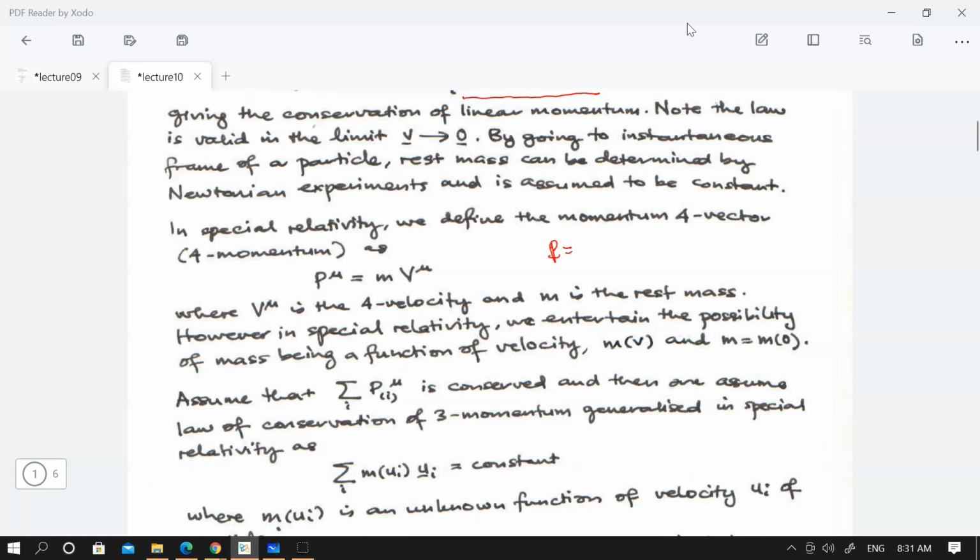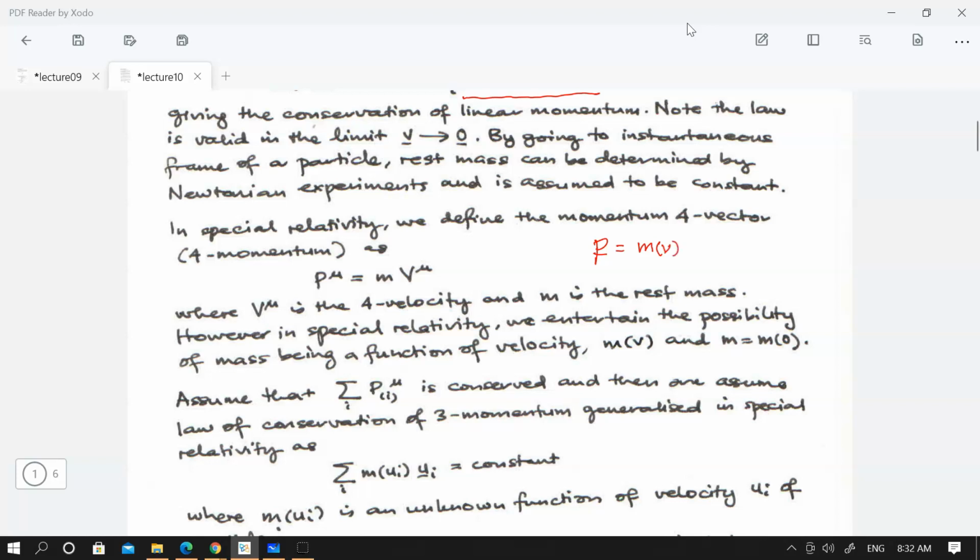In Newtonian mechanics we have m times v, but now we're going to add an extra feature, which is to allow your mass to change. So we need some variable for it to change with.